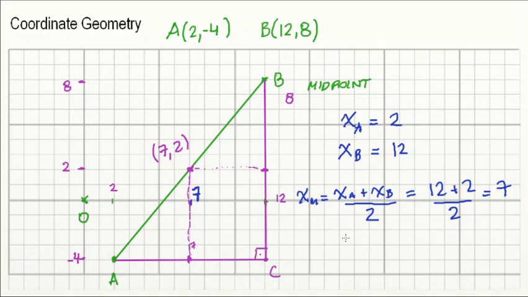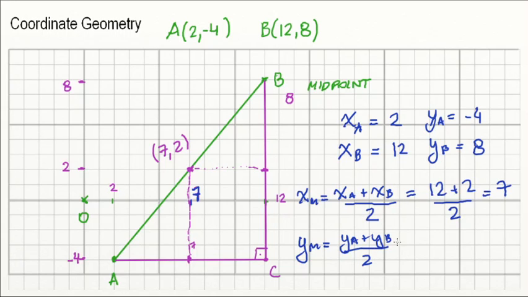7. If we do the same thing for y, y of A was -4, and y of B is 8. So we can do the same thing. Y of the midpoint would be y of A plus y of B over 2.